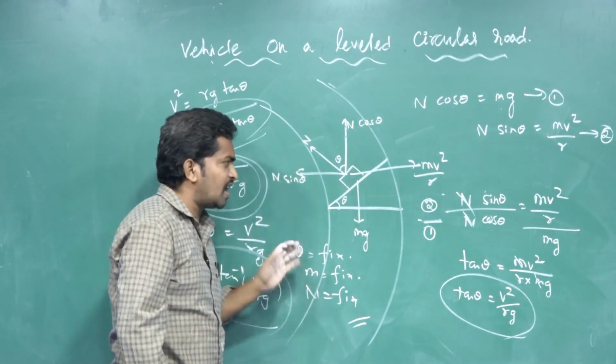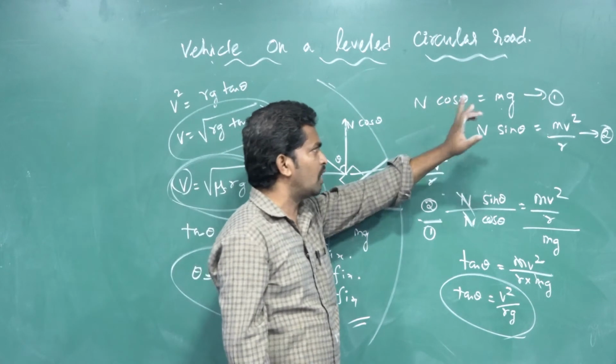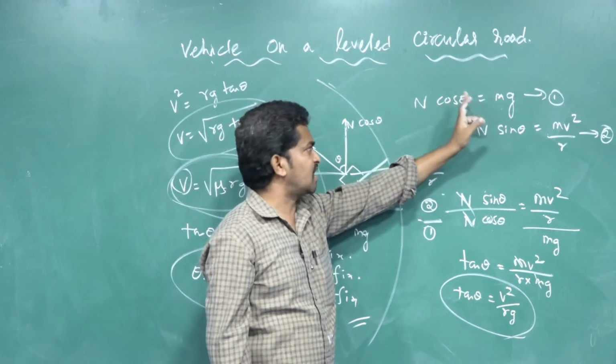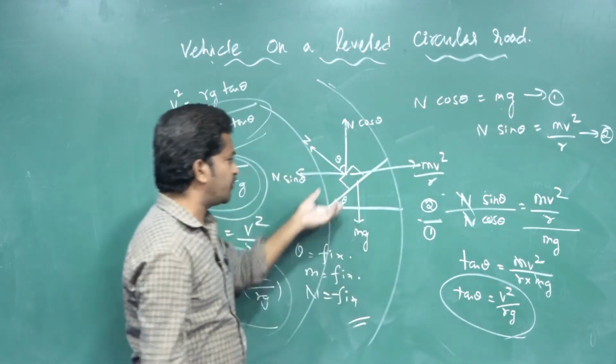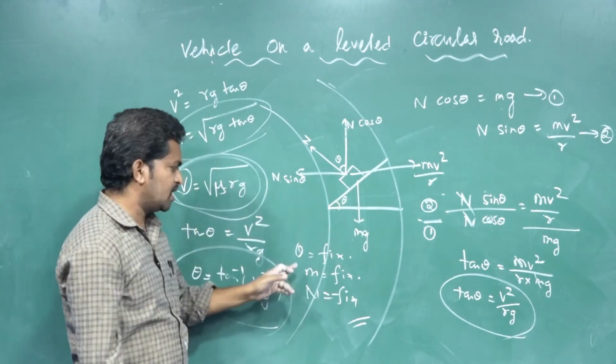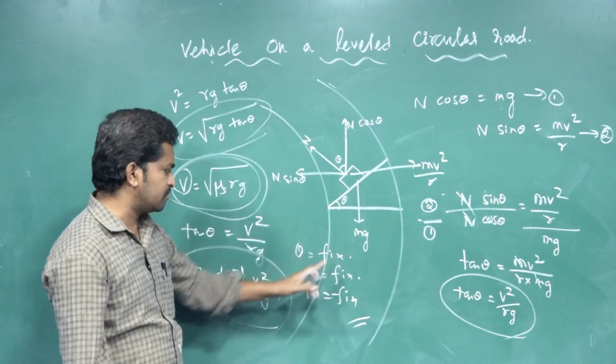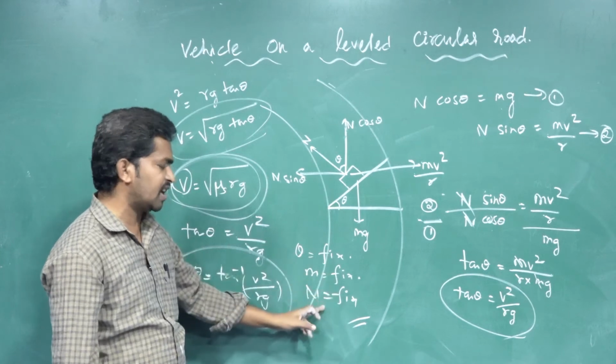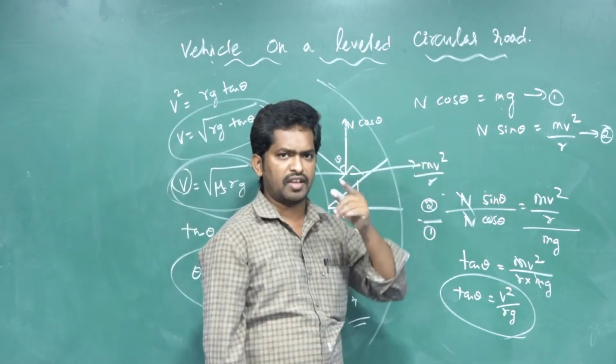If this condition is not satisfied, this equation is not equal. So N cos theta is not equal to mg because friction is provided here. Okay, it's very important. Theta, m and n are fixed, so N cos theta is equal to mg.